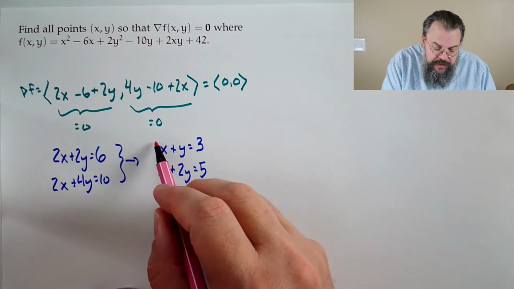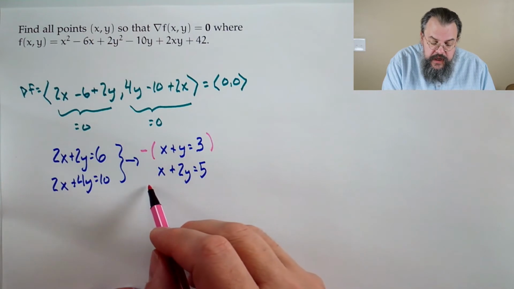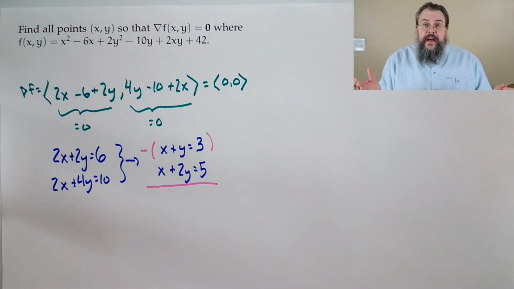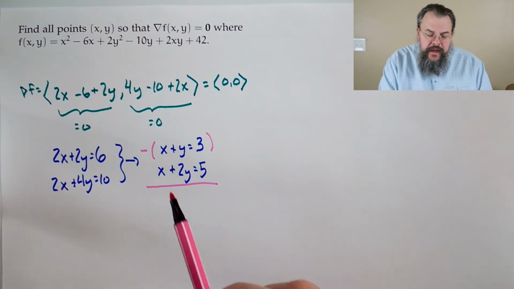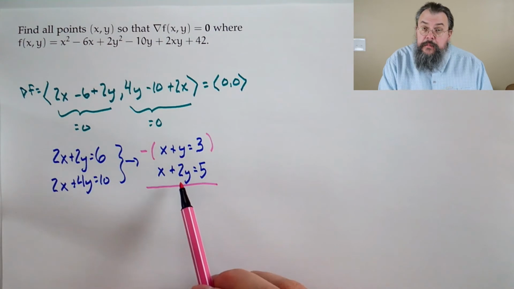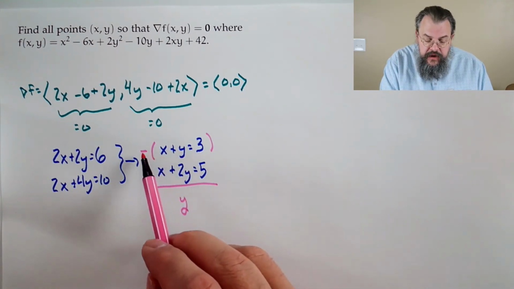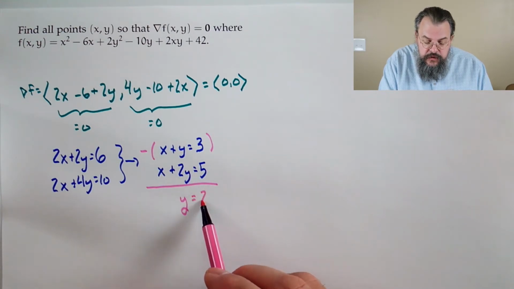So, as an example, I can multiply the first equation by a minus, and I can combine together. You'll notice what happens. The x's will cancel. Ah, nice. And you have a minus y plus 2y. Well, that's y. Then you have a minus 3 plus 5, which is 2.